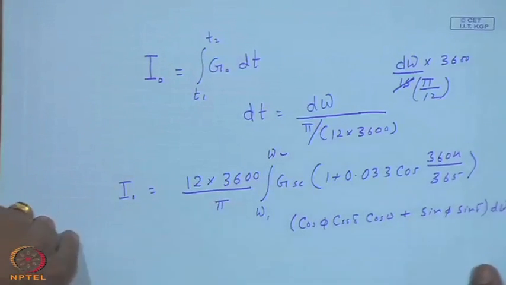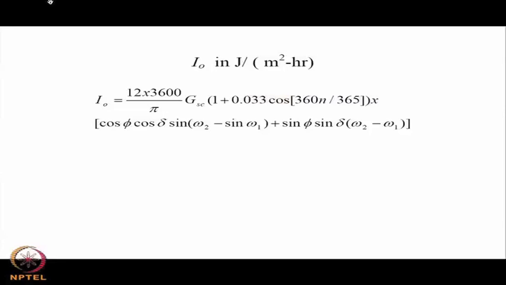So, this can be easily integrated. You will get cos omega integrated becomes sin omega. In the limits, it should be sin omega 2 minus sin omega 1. That you can just check, and then sin phi sin delta into omega 2 minus omega 1. Agreed? So, I will rewrite I_0.